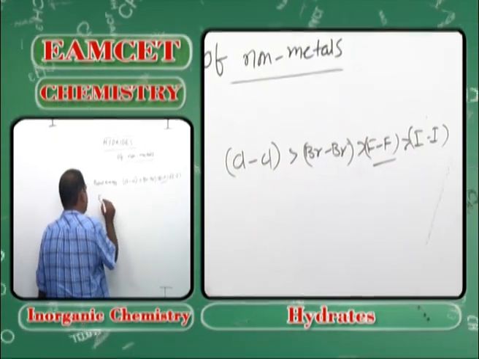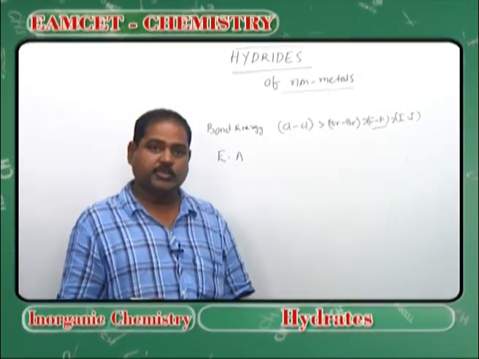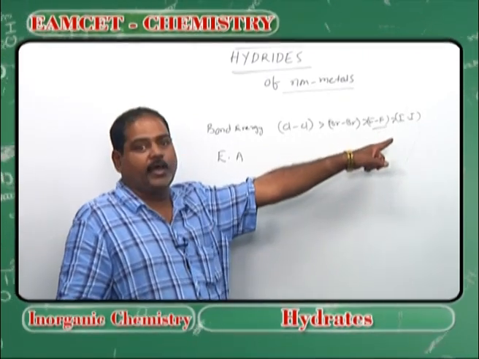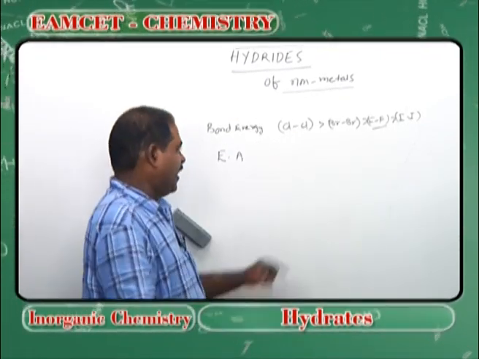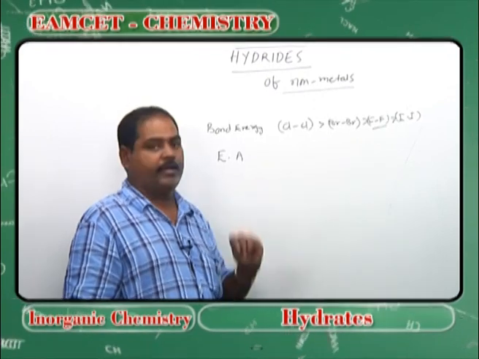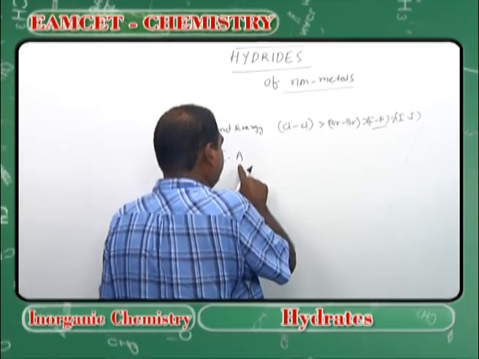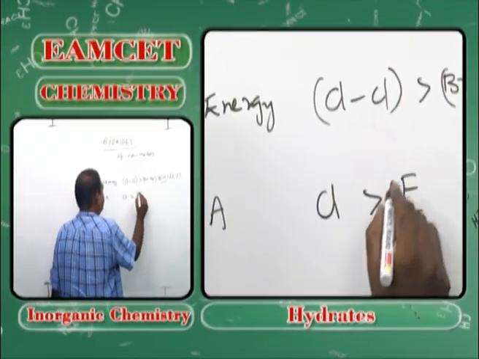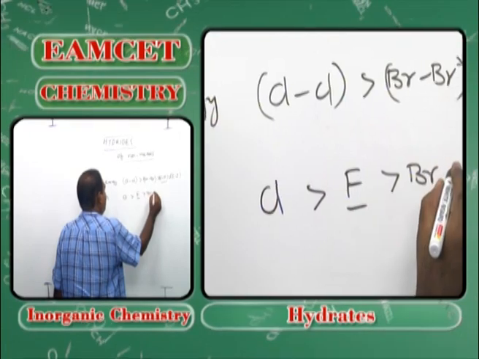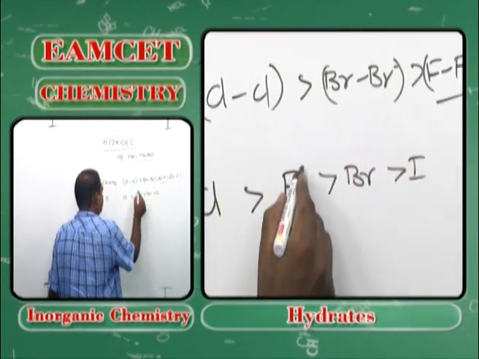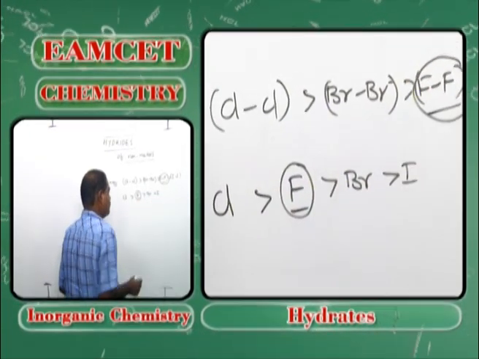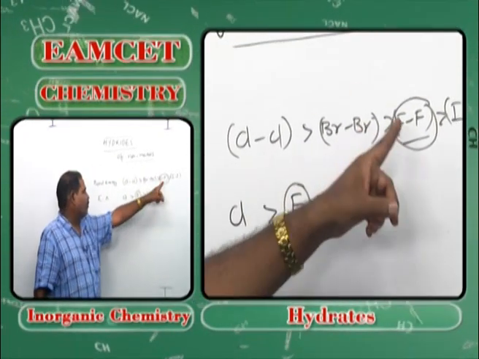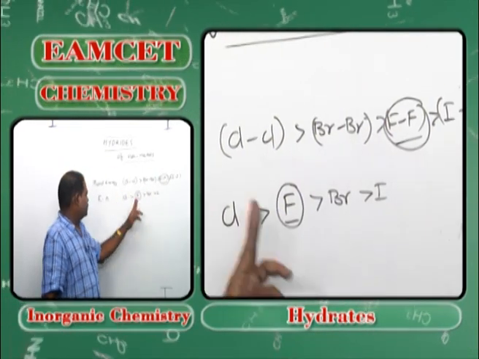Electron affinity also in general is more for small atoms. So once again I expect fluorine to be the winner. He disappoints me once again. I expected him to get the 1st rank, but this time he gets the 2nd rank: chlorine, fluorine, bromine, iodine. Fluorine is a small atom, so I expected the F-F bond to be very strong, but unfortunately fluorine won the 3rd place here, 2nd place there.